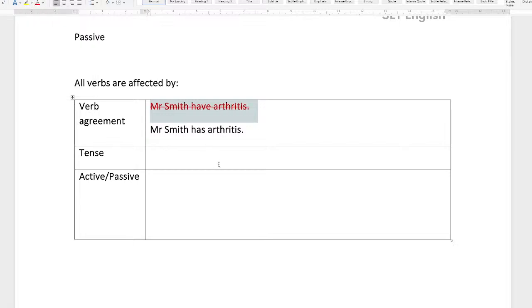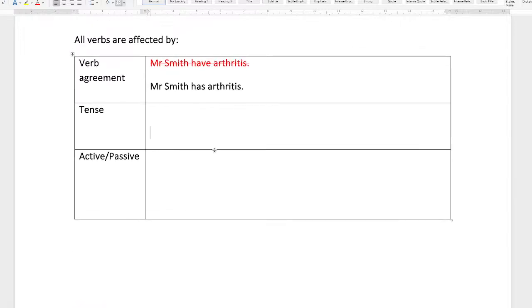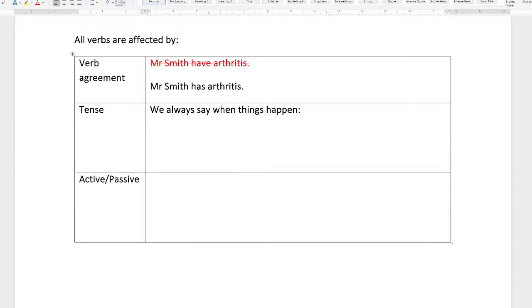We don't like that. Every time we say something in English, we choose a tense. We say when things happen. So we might say, "Yesterday Mr. Smith broke his arm."